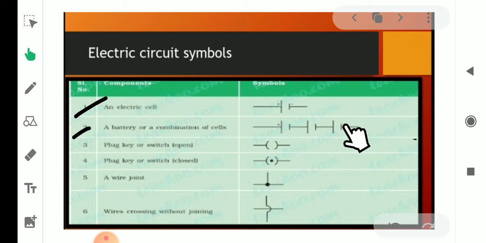So here the total potential difference is V1 plus V2 plus V3 in this battery. Okay, so we are going to add up.